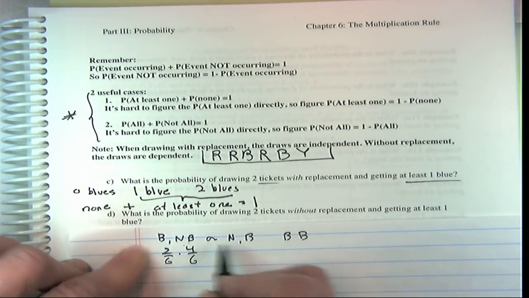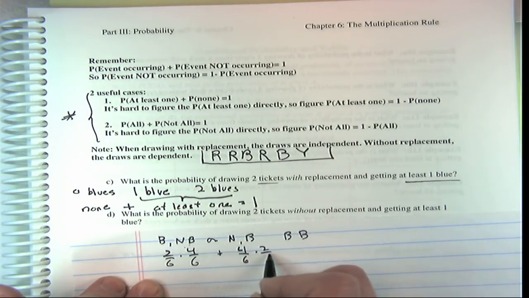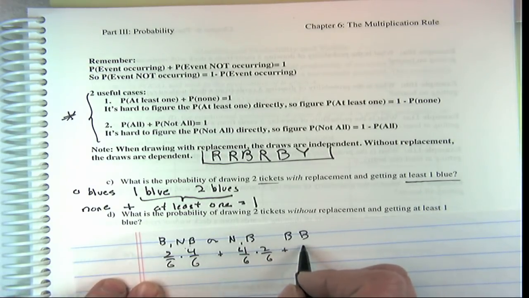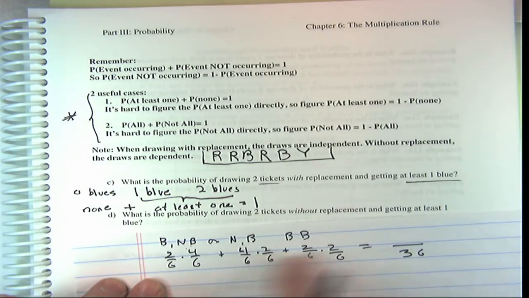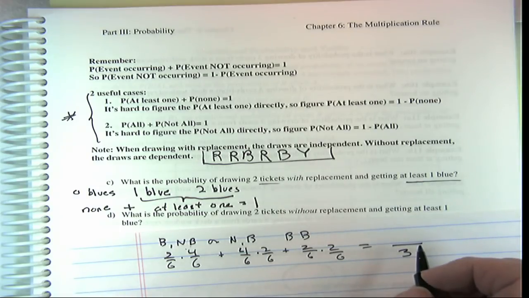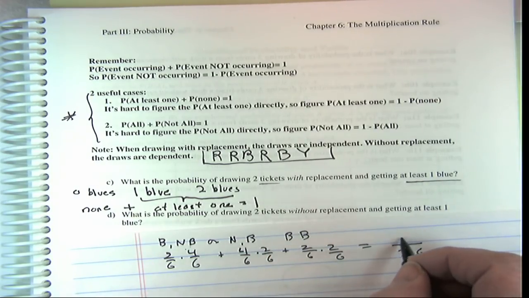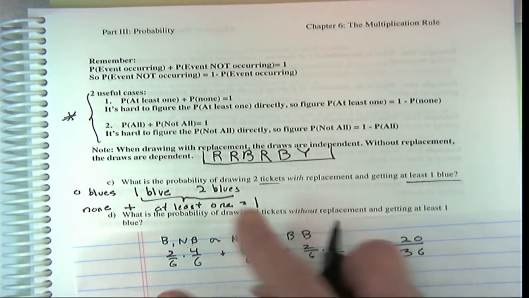Then you'd add, not blue would be 4 out of 6, we put it back, times 2 out of 6. And then 2 blues would be 2 out of 6 times 2 out of 6. So you'd add them all up: 8 plus 8 is 16, plus 4 is 20. That would be your answer. You could do it that way, but can you imagine if there were 3 tickets?